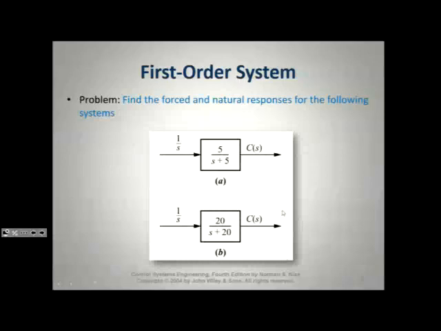Okay, you guys can have a go at this. So for these systems, I want you to work out what the gain value is and what the time constant is. I'll just draw for you the standard function so you can rearrange it.